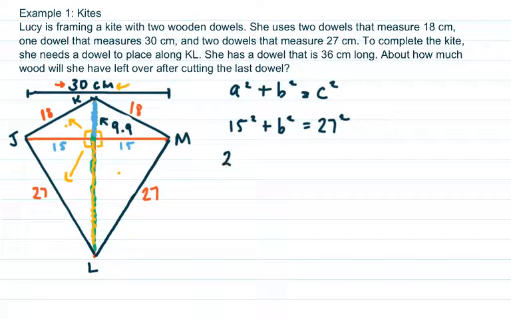We already know when I square 15, it's 225 plus b squared equals, then we have to find 27 squared. So that comes out to be 729. I'm going to double check just in case.